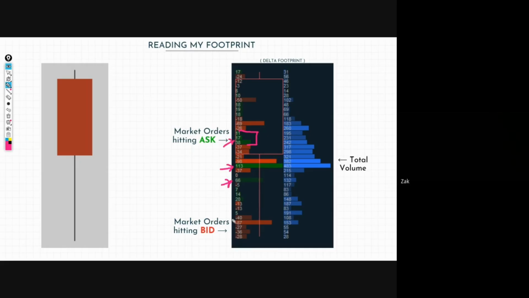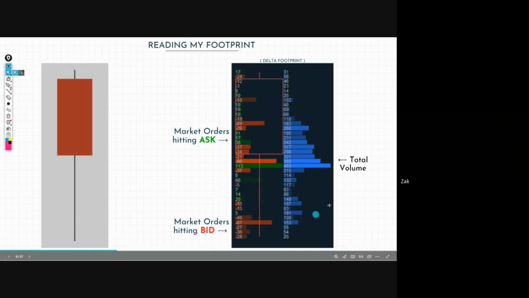You can see selling market orders here, same thing. However, on the far right side, this blue profile here just shows you the net volume. It doesn't distinguish between buyers and sellers. I'll talk about why this is important in a little bit and how it can add some more contextual information for your trading. But yeah, that's a quick overview of how to read a footprint and how my footprints look.